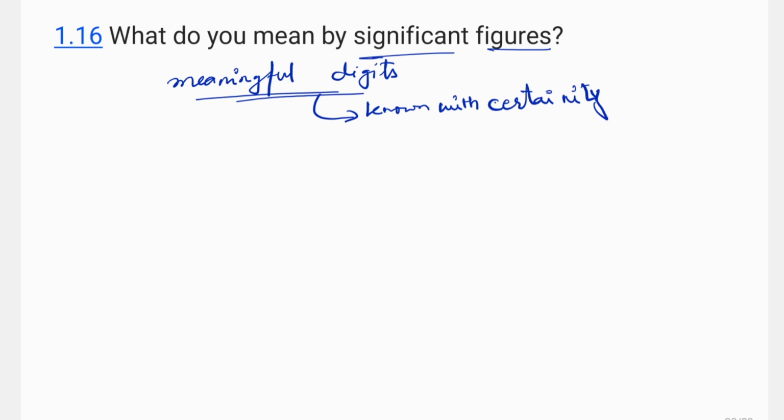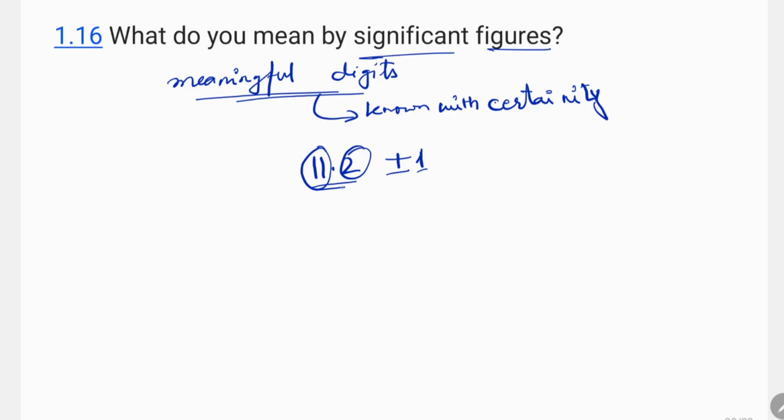Suppose there is a number 11.2. So this is a significant figure, where 11 is certain and 2 is uncertain. And uncertainty can be plus minus 1, this much value, not more than that.